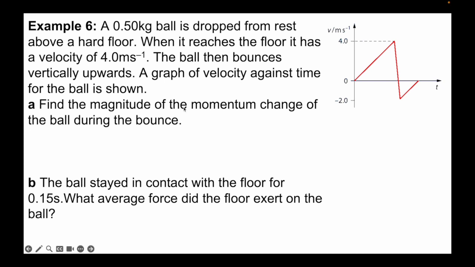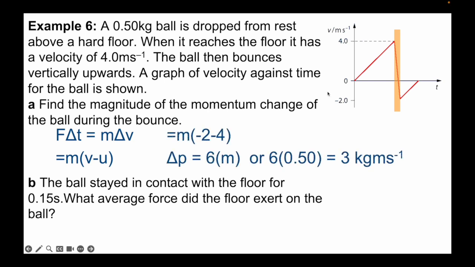Well, in part A, we're looking to find the magnitude of the momentum change of the ball. So that momentum change, as we know before, is our mass times final minus initial velocity. Right here in this spot, our final velocity is minus 2, and positive 4 is our initial velocity. And so we end up with 6 times 0.5, because our mass is 0.5.